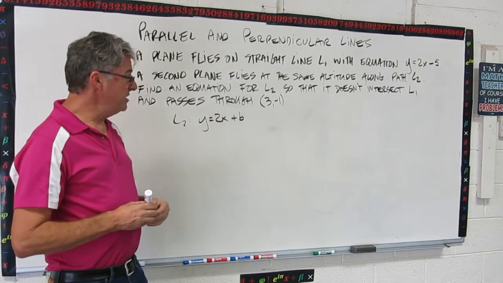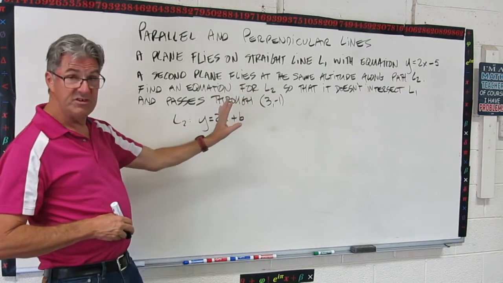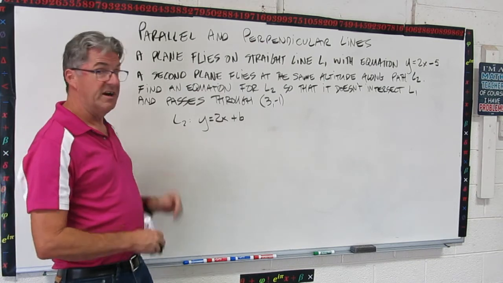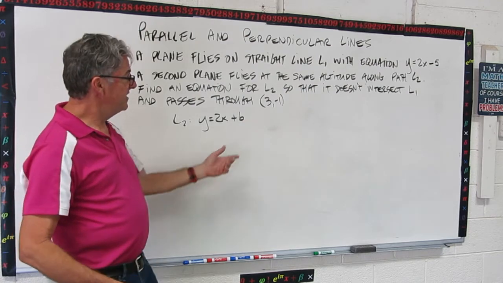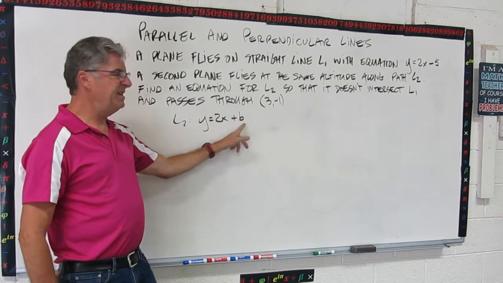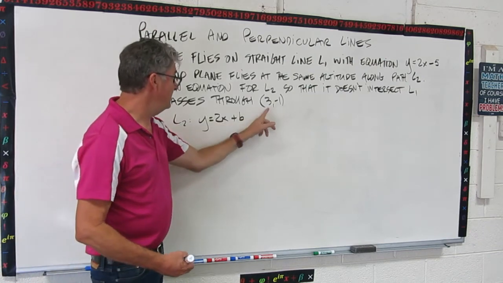Now, pause the video if you haven't already done this, the rest of this, and figure this out. You have the information you need right there to fully find the equation for L2. Okay, if you realize that I can use this point in this equation to find b, you're on the right track. So all we do is we just plug in the y and the x coordinate.